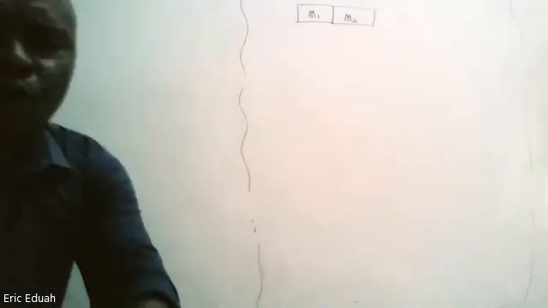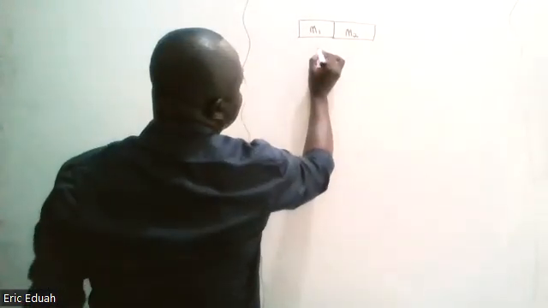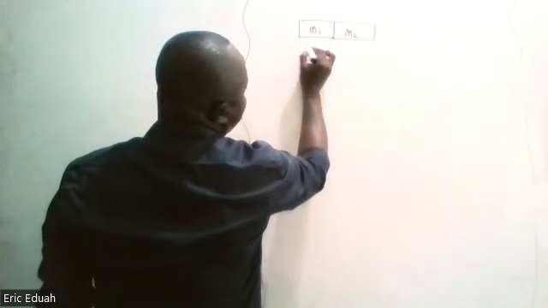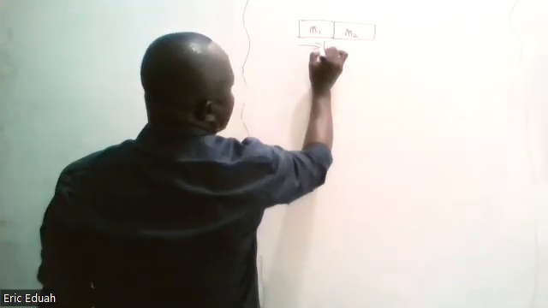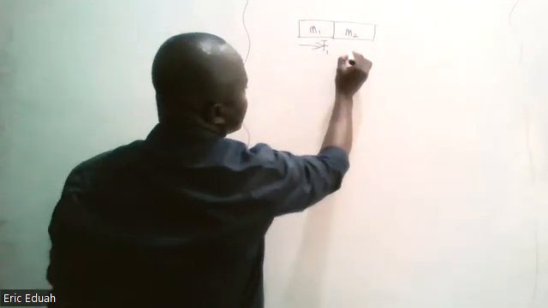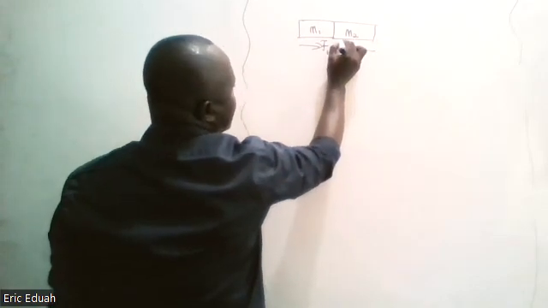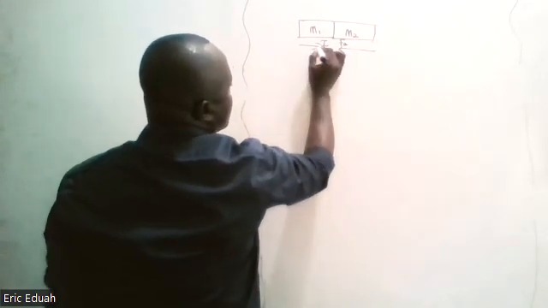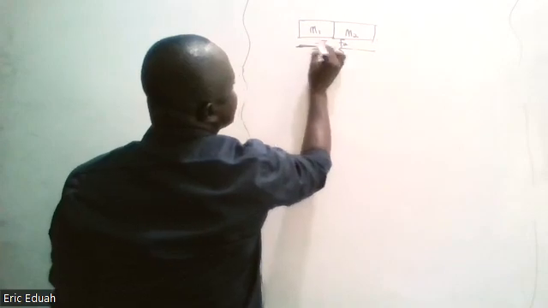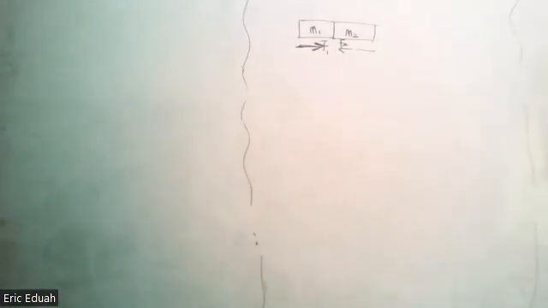Now, when m1 and m2 collide, m1 exerts a force F1 on m2, then m2 also exerts a force F2, forces of the same magnitude, opposite in direction.